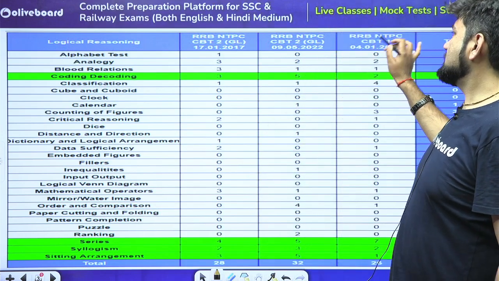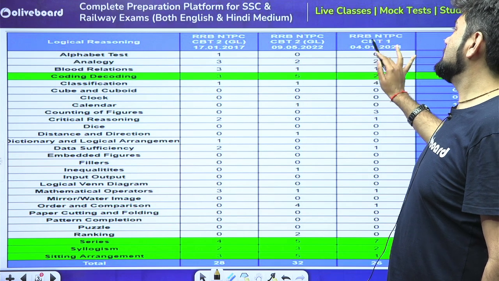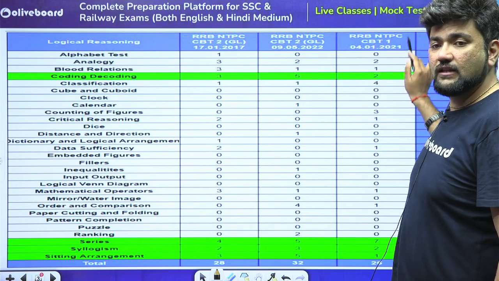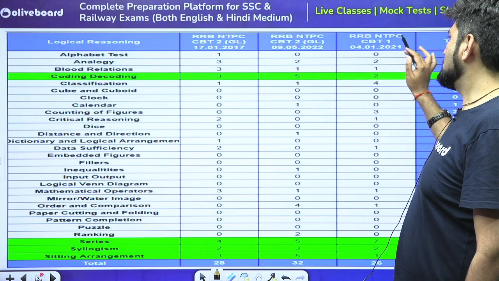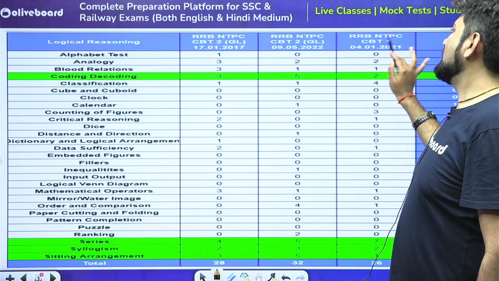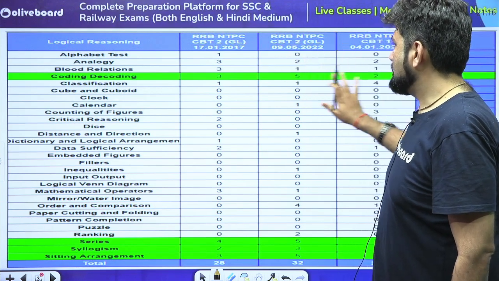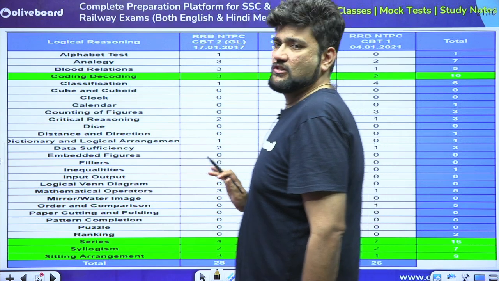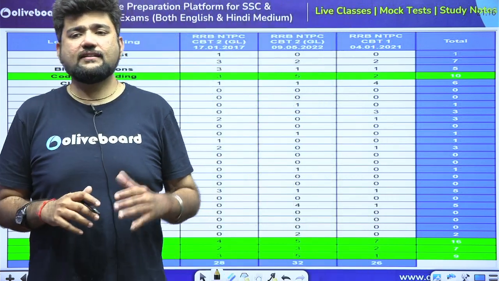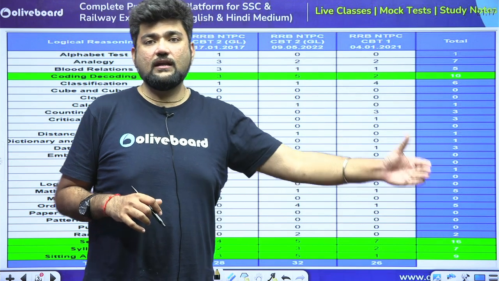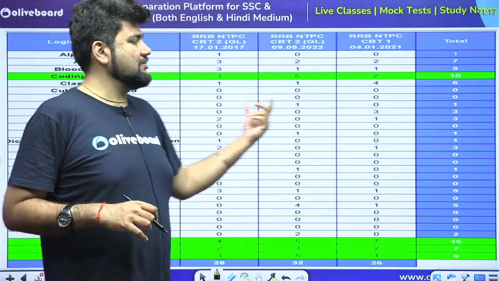And this one in the mix is for RRB NTPC CBT 1, which is common for all the levels, both undergraduate and graduate levels, held on 4th January 2021, right? So this gives you the criteria of the latest examination, and this is a slightly old examination. RRB, obviously we are well aware, does not conduct examinations regularly, but the pattern more or less remains common.